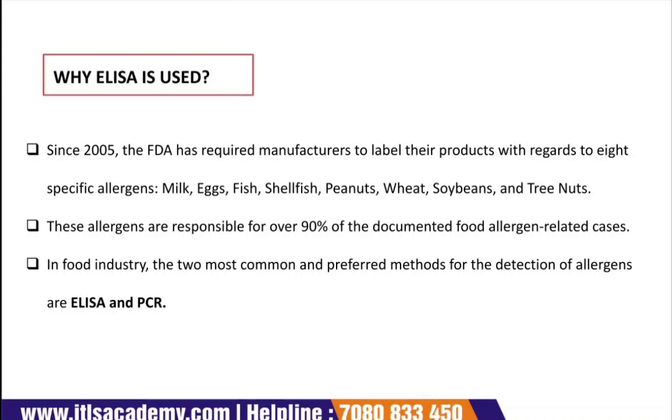Apart from the FDA, ISO, the International Organization for Standardization, also offers standards such as ISO 22000 for food safety management systems, which recognizes the importance of ELISA in hazard analysis within the food production chain.